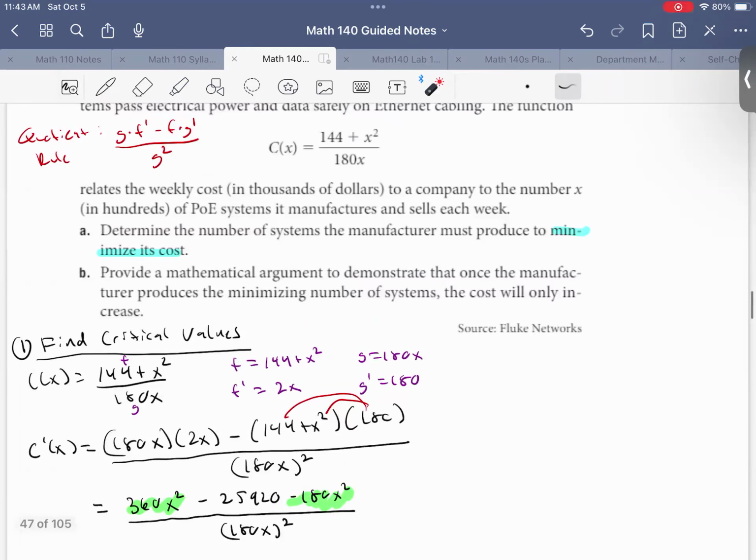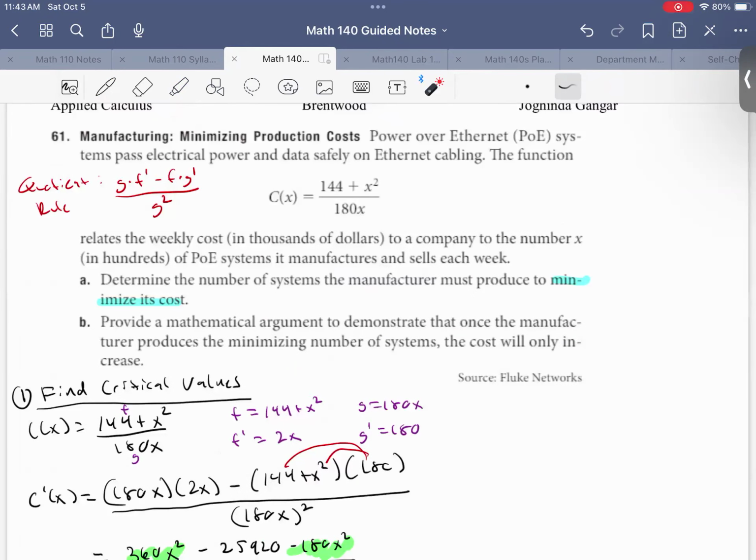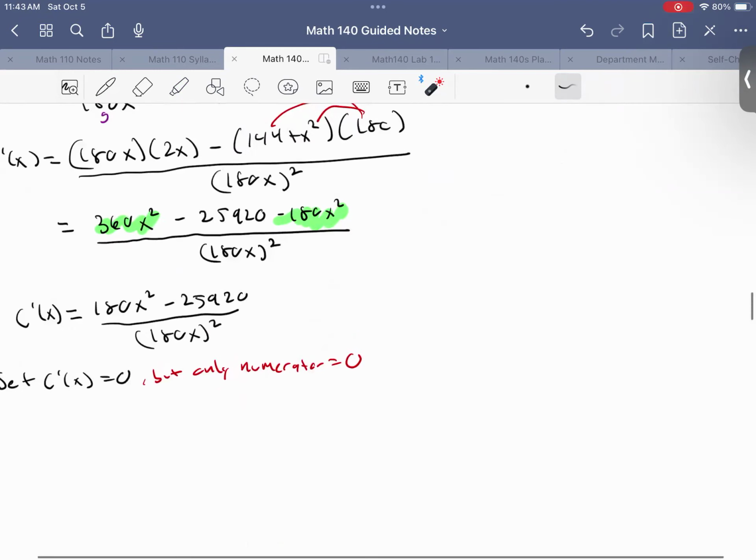We're talking about actual Ethernet cables and costs in thousands of dollars. We don't have to focus on whatever the bottom makes undefined. So all we need to do is set the top equal to 0 and solve.